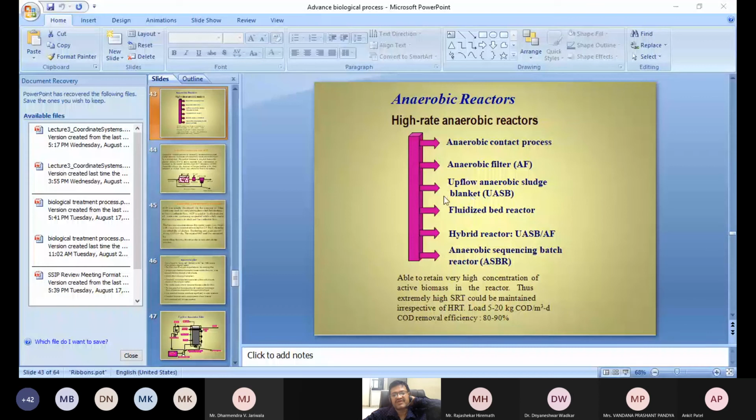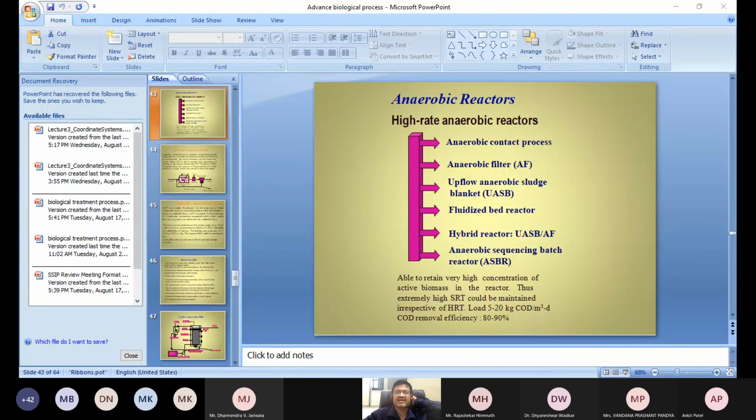So hydrogen sulfides are produced, which is called sulfide toxicity. So you have to be very careful if in your wastewater sulfates are there. You have to reduce the sulfates first, and then you have to do this. Otherwise, if sulfides are there at 50 to 250 milligram per liter, they are very toxic to methanogens.